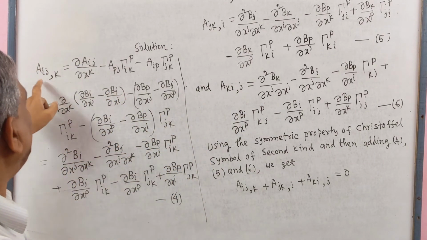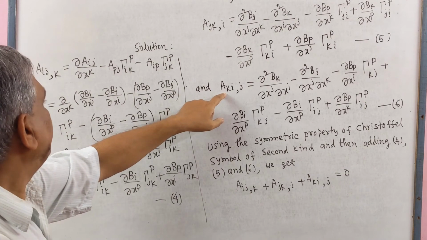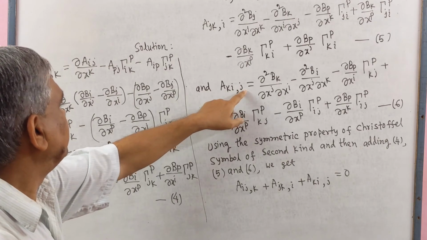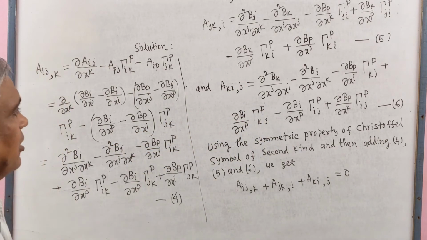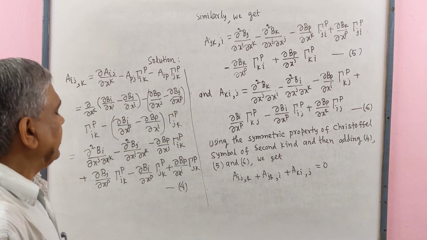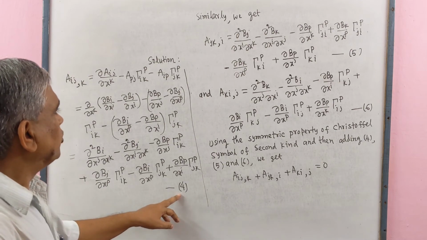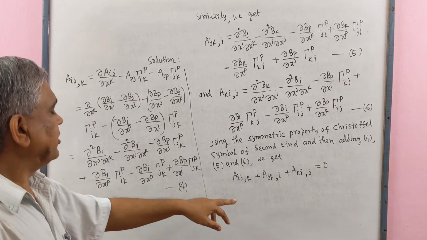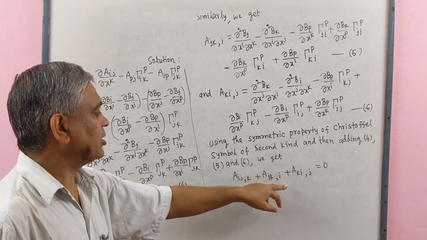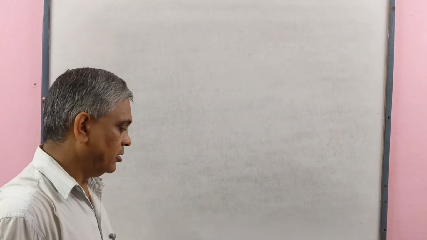Here in place of i we write k, in place of j we write i, in place of k we write j, and we get equation 6. Using the symmetric property of the Christoffel symbol of the second kind wherever necessary, then adding equations 4, 5 and 6, we get a_ij,k plus a_jk,i plus a_ki,j equal to 0. Now we shall prove the second part.